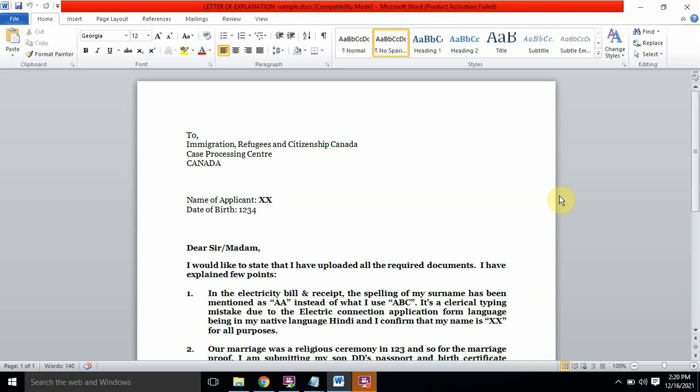So basically, as the name specifies, this is one letter where you need to mention everything whatever you think is required to be mentioned other than the documents or the application forms instructed by the CIC. This letter is a mirror reflection, or basically your opinion about the documents you are going to submit.